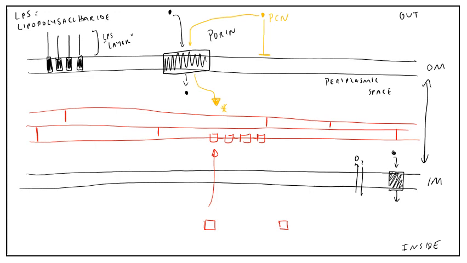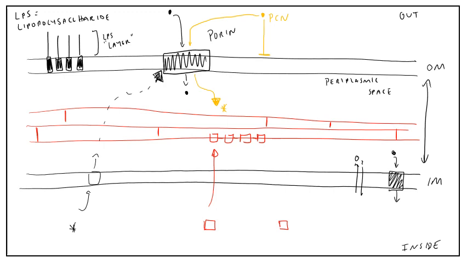Porins, though, are proteins, and that means they are synthesized inside the cell. They are exported into the periplasmic space, and they then track through and are inserted into the outer membrane. The cell has lots of different machineries which allow it to do this. But the fact that it's a protein means that it's encoded by a gene, which means that it can be mutated.